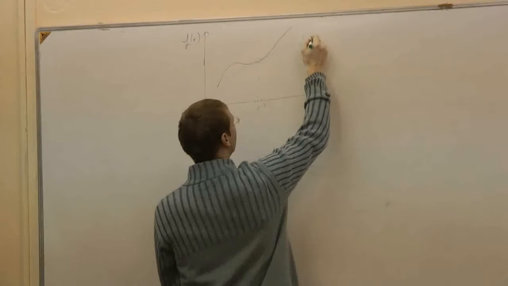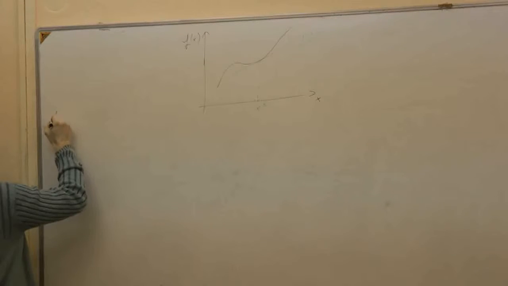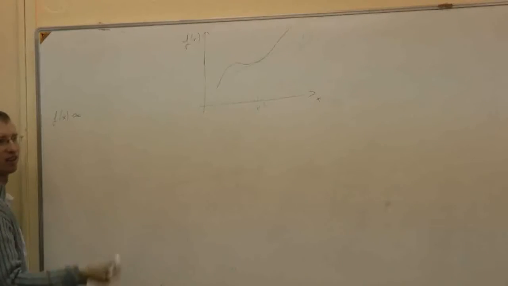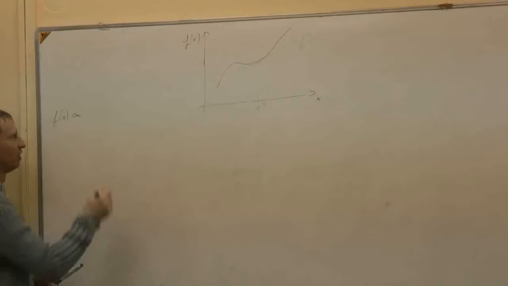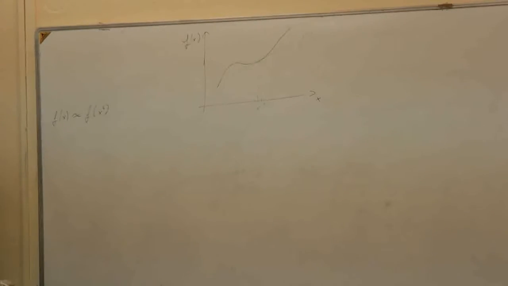S of x. How is that function defined? How is the approximation of f of x around the linearization point given? Which technique do we use? We use the Taylor expansion. How is the Taylor expansion defined? So first comes the function value at the linearization point, and now what?